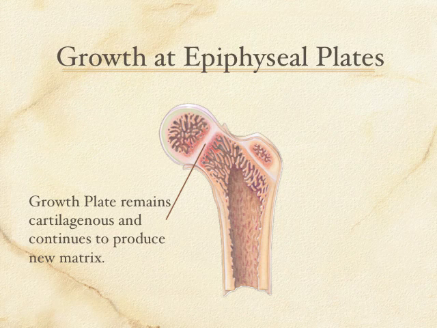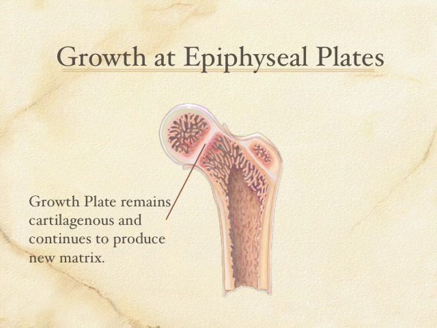Okay, so let me do this one more time just to make sure I got all of this. What we were saying here is that the growth plates remain cartilaginous through the growing period, childhood and teenage years. The tissue in here is soft. This picture makes it look a little thicker than it actually is. It's actually a little thinner than that, but it is soft.